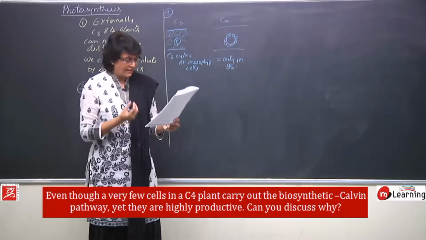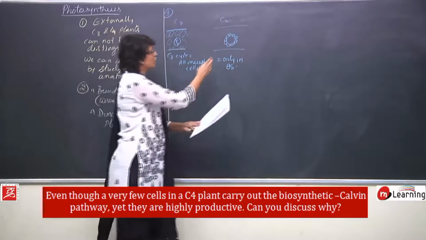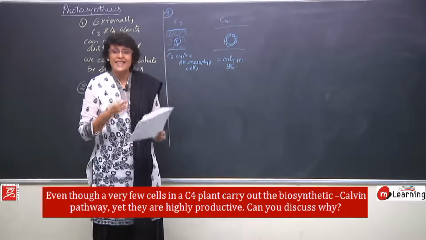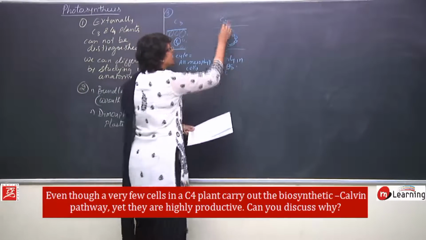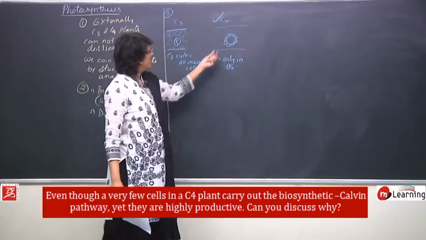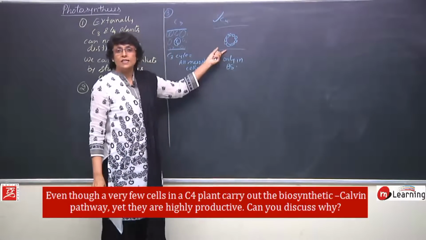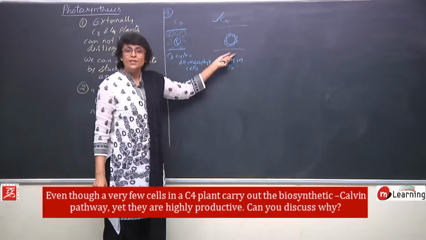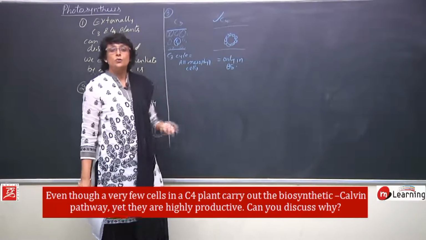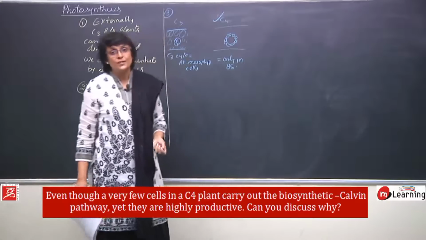So now they are asking that even though very few cells of C4 plants carry out this Calvin cycle, yet their productivity is higher. Why have they undergone this adaptation? This adaptation in C4 plants has taken place to avoid photorespiration.